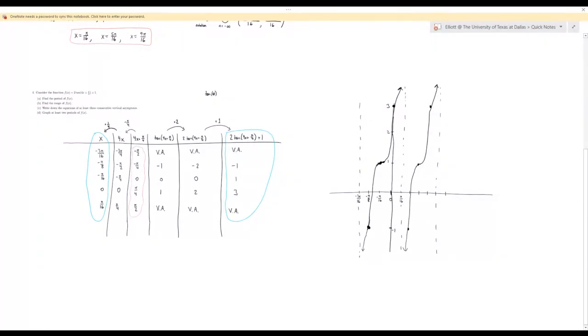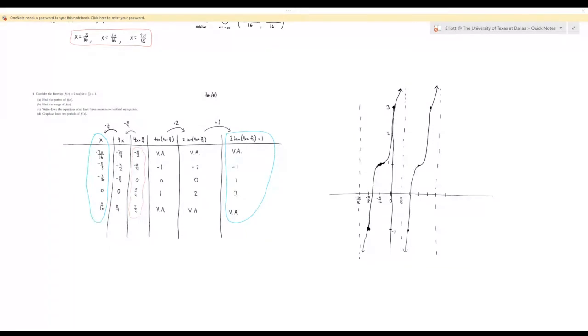Okay. And that's kind of just a rough sketch of two periods for this tangent function. All right. So do you guys have any questions about how I made that graph, or just anything else about this problem?